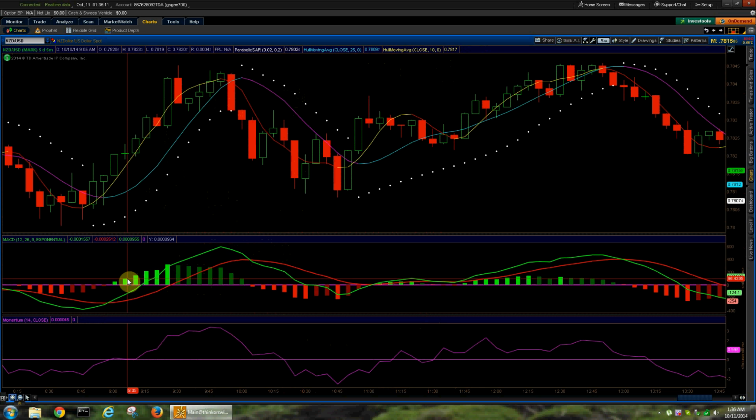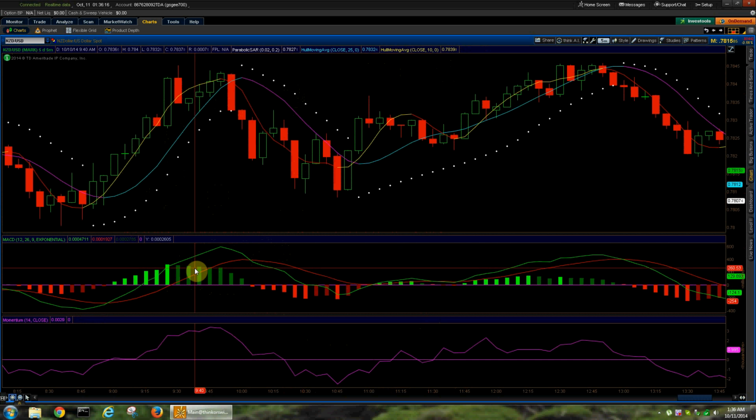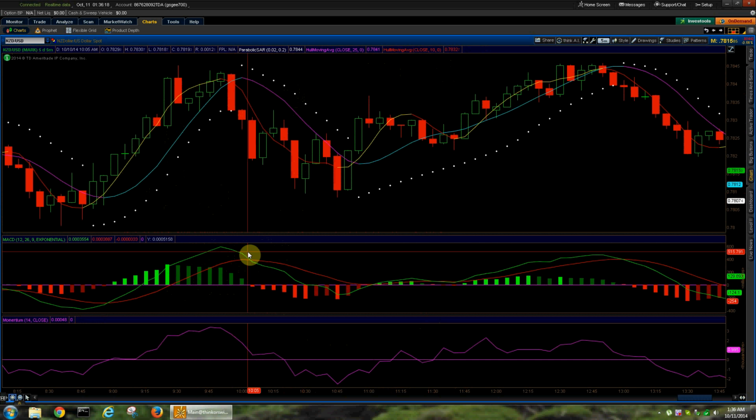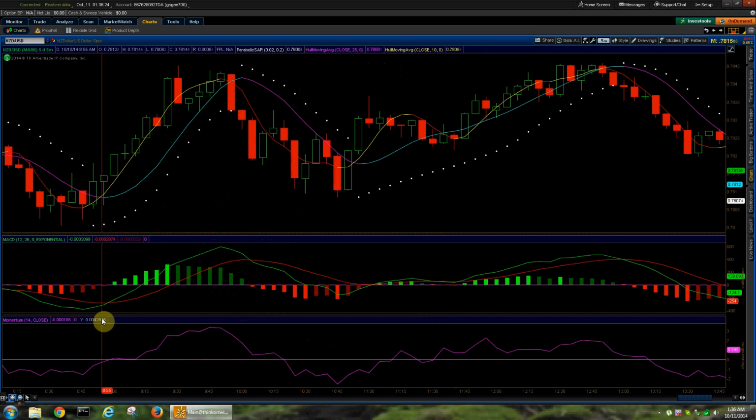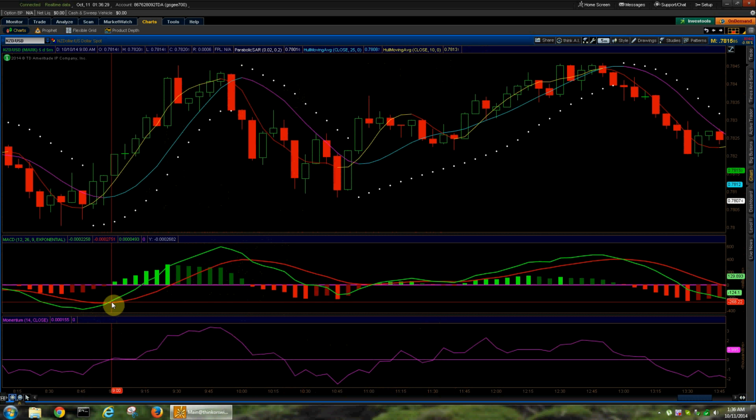And you see this histogram here in the middle, which actually mirrors the same thing as these lines. When you see the green line crossing over the red line, you see that the histogram turns red. And here, when you see the green line crossing over the red line, you see the histogram turning green.